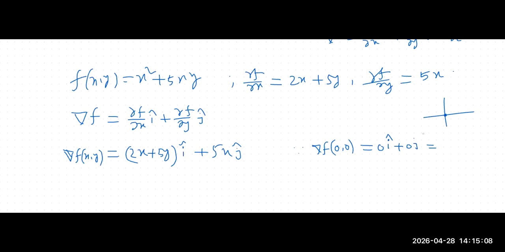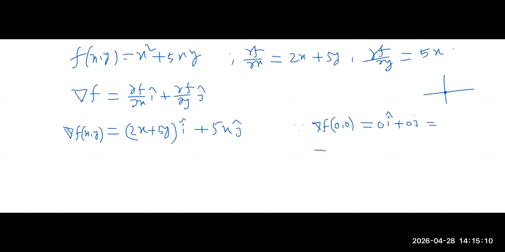If we calculate the gradient at 1, 1, any other point except 0, 0, it is 2 plus 5 i plus 5 times 1 j cap, which is 7i plus 5j. So this is a vector, right? This is a two-dimensional vector.